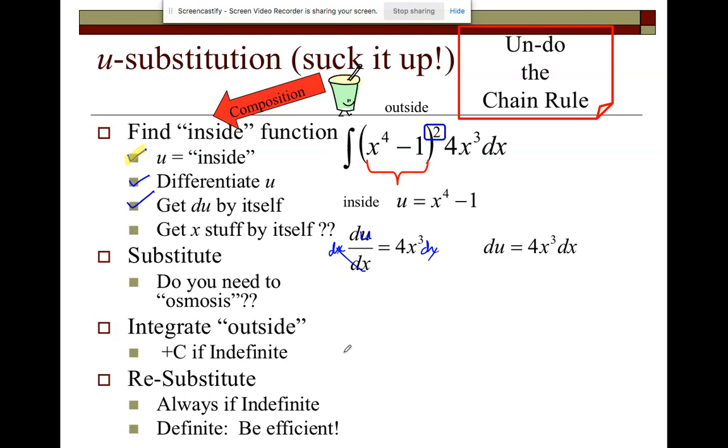Get du by itself. Then press pause. Pause. Get your highlighter out. Whatever you've identified as u, color it. Whatever you've identified as du, color it.